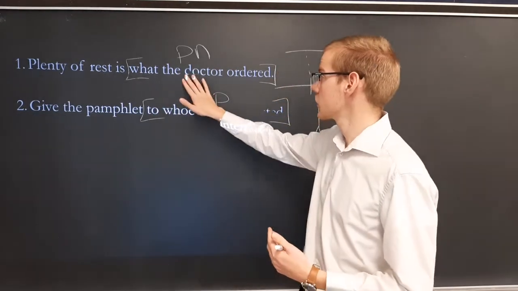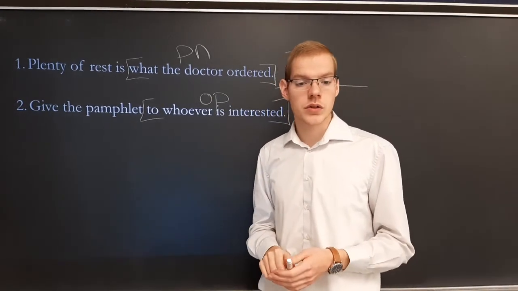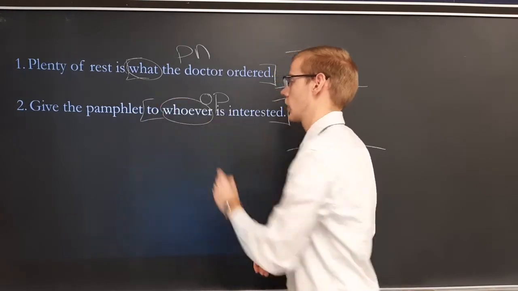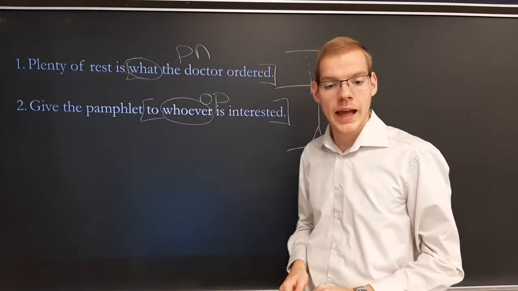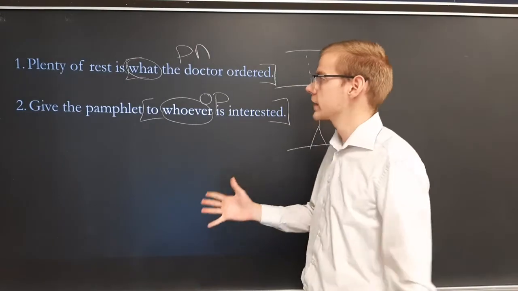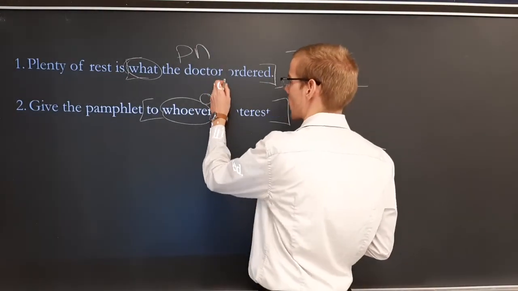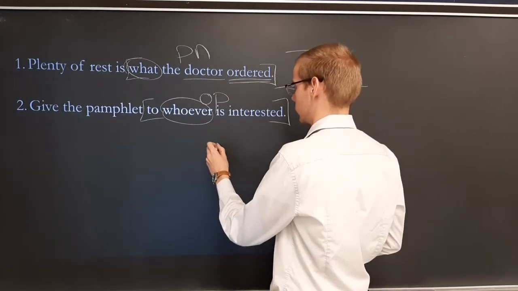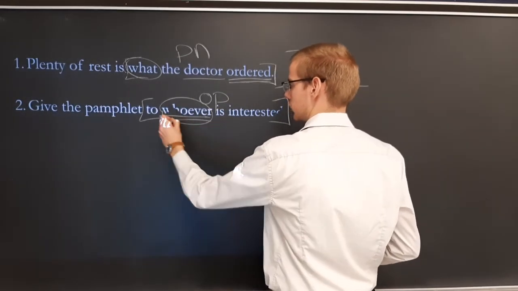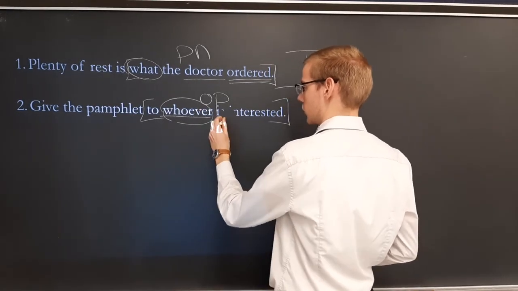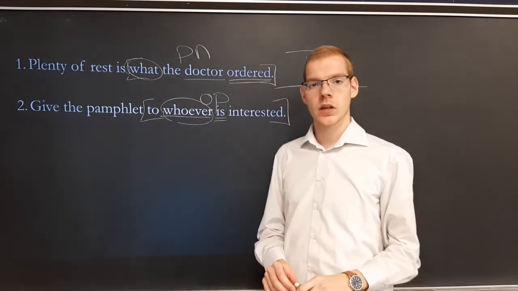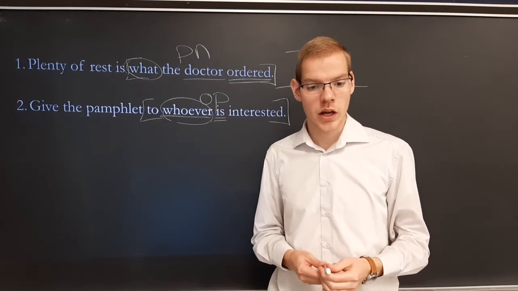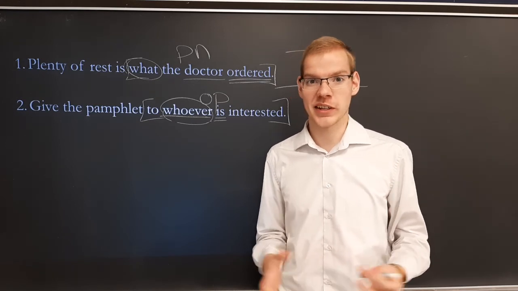Bracket the noun clauses as we did here, circle the introductory word, and underline the subject and the verb. The author, ordered. Oh, that's not a verb. So underline the subject once and the verb twice. Go ahead and do the rest of the lesson on your own. If you need help, let me know.